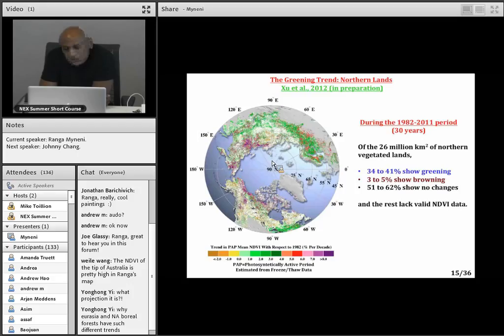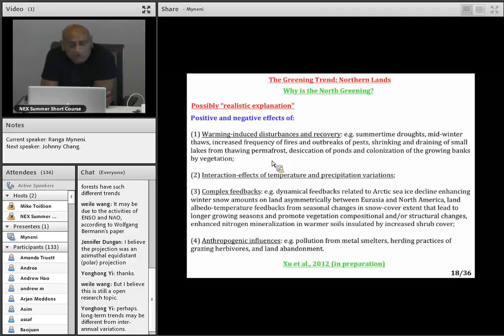But this is not the whole story, because when you do this kind of statistics for very large regions, they tend to hide the truth and the detail. In fact, if you were to try to explain all the places where we are seeing greening and browning, you really need to invoke or bring in a lot of other factors. Here I have 4 factors. There is warming-induced disturbance and recovery from disturbance.